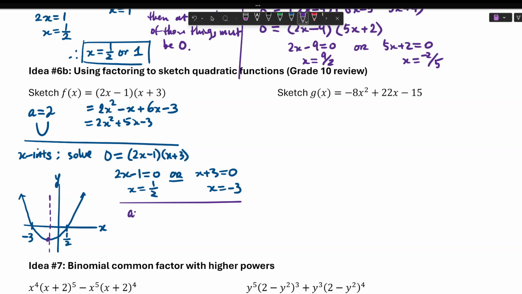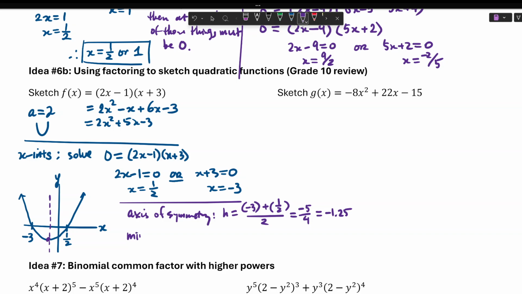So let's say axis of symmetry, the h value should be the average of -3 and 1/2. That's going to be -5/4 or -1.25. So that's the x-coordinate of our vertex.